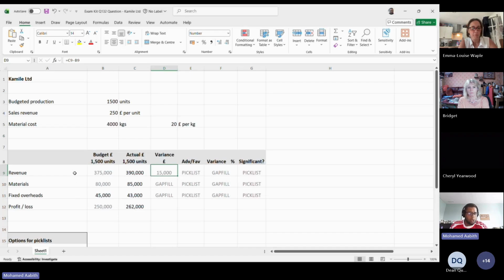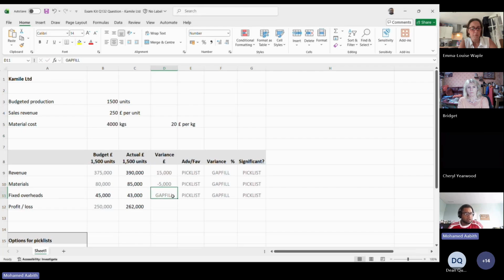And then if you look at the materials here, you spent more than your budgeted figure. Therefore, it should give you a negative variance or an adverse variance. How do you do a formula for this? You flip the formula. This time, B10 minus C10. That gives you a negative variance.